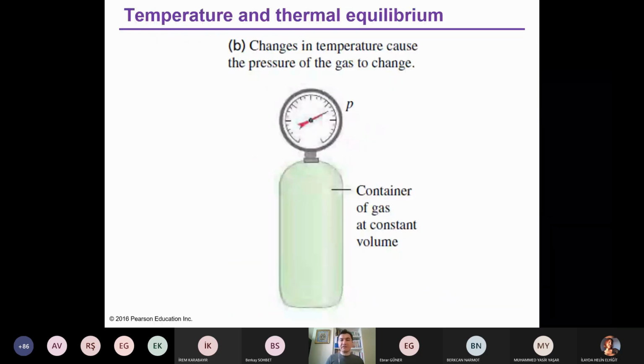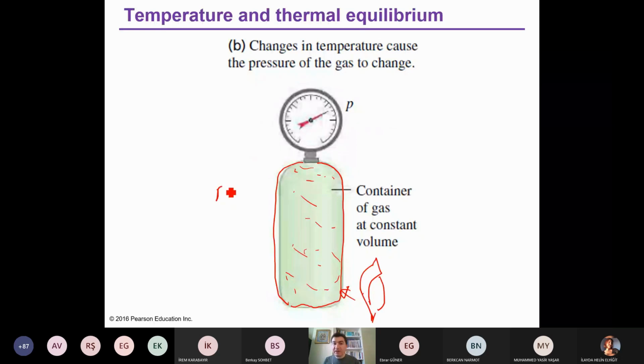Then let me discuss the gas thermometer. So this is a container of gas at constant volume. Here we have a container. Okay, it has constant volume. Its volume cannot change. Okay, and we have a gas within this volume. And if you use a heat source, if you increase the temperature of this gas within the container, then the pressure of this gas will increase.